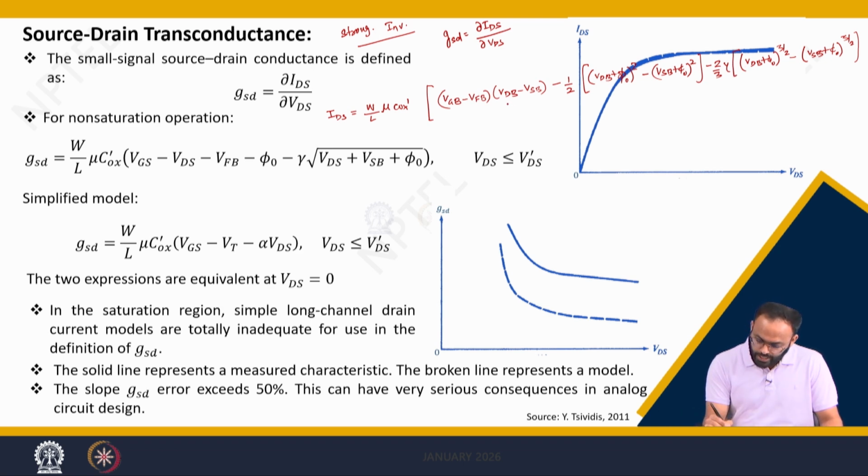Here again VDB is what? VDS plus VSB. Similarly, VGB is VGS plus VSB.